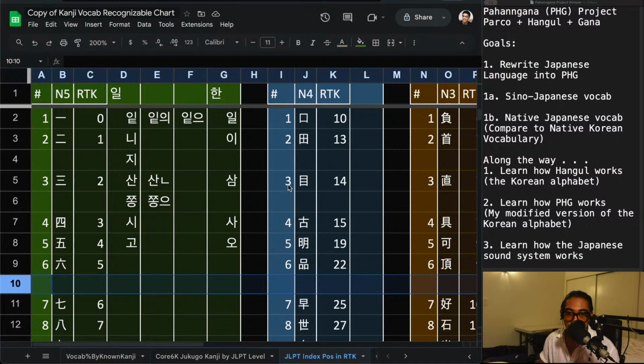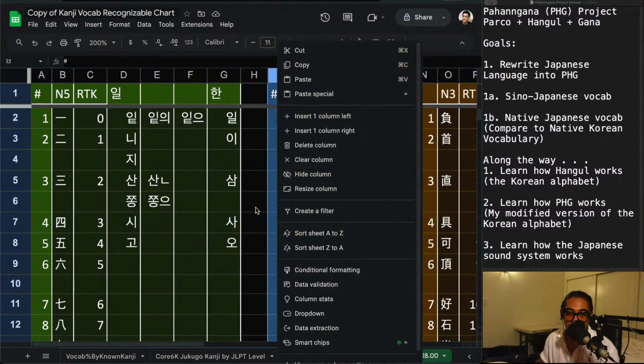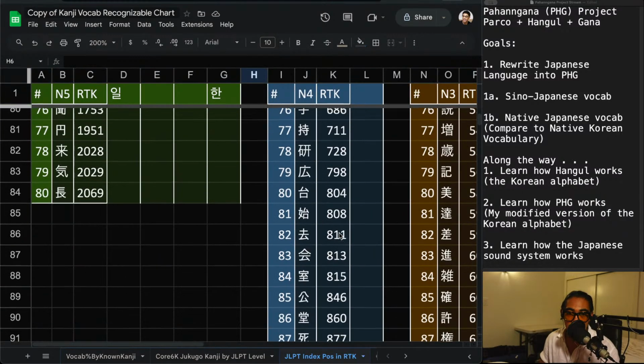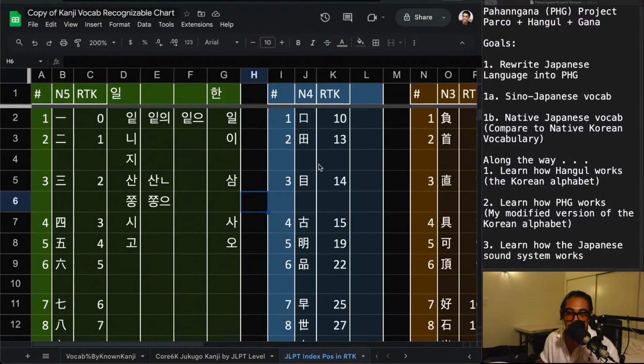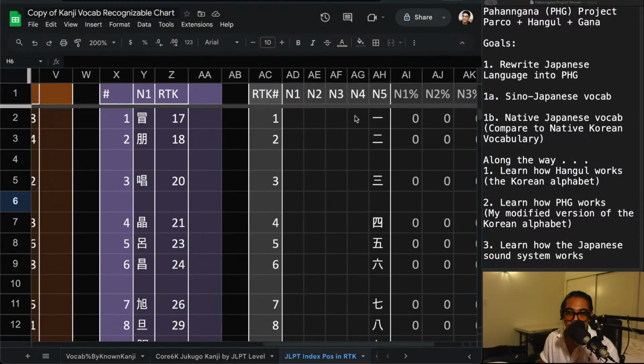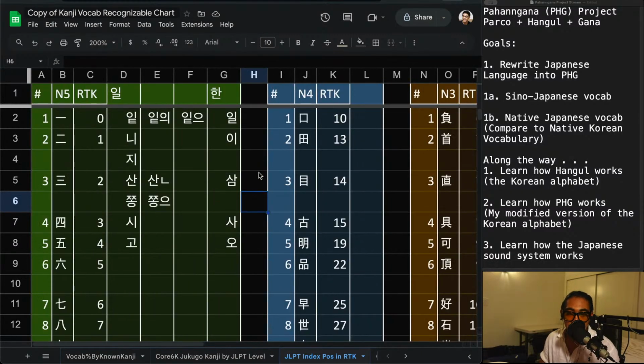I think what I do want to do is move these into just the first A, B, C, D, E, F, G. Yeah, this is gonna get really messy really fast. Okay, well let's write this first.